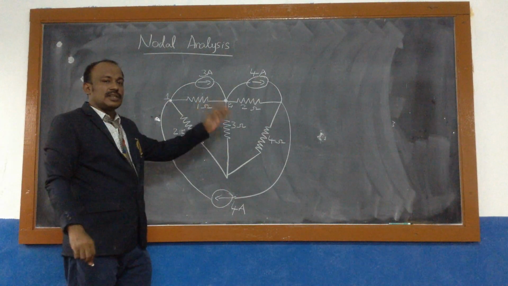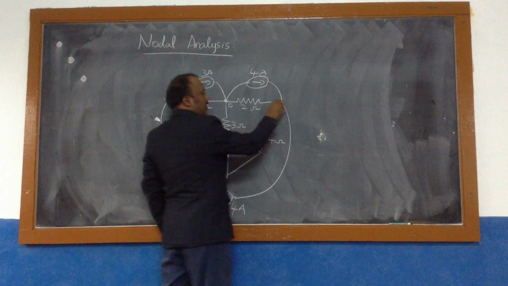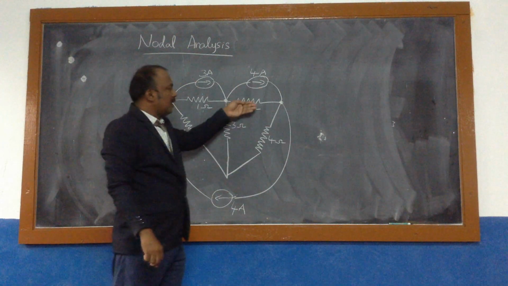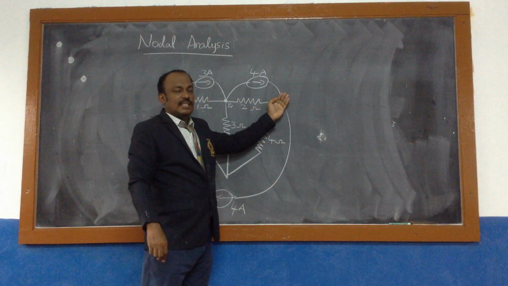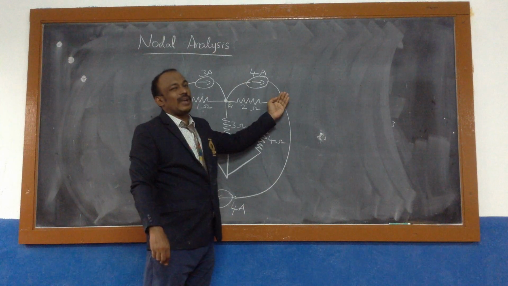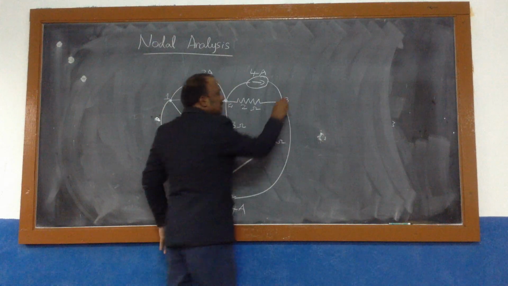Similarly, move to the next junction. That is this point, where here also the condition is satisfied. That is, this branch and this branch are connected to the same node. As the condition is 2 or more branches connected to name it as a node, this is satisfying. So this can be named as node 3.